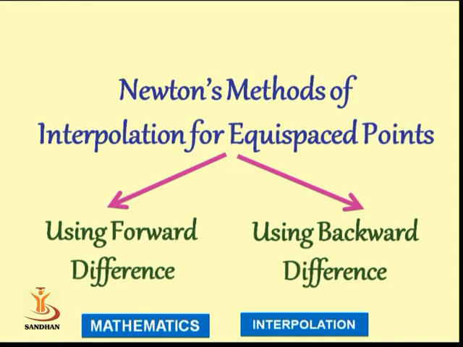If we use forward differences, then that method of interpolation would be termed as Newton's forward interpolation method, and similarly for backward differences. But both these differences, forward and backward, can only be used for equispaced points. So if your points are unequispaced, that is the difference between two corresponding xi's is not equal, then you cannot use any of these methods.